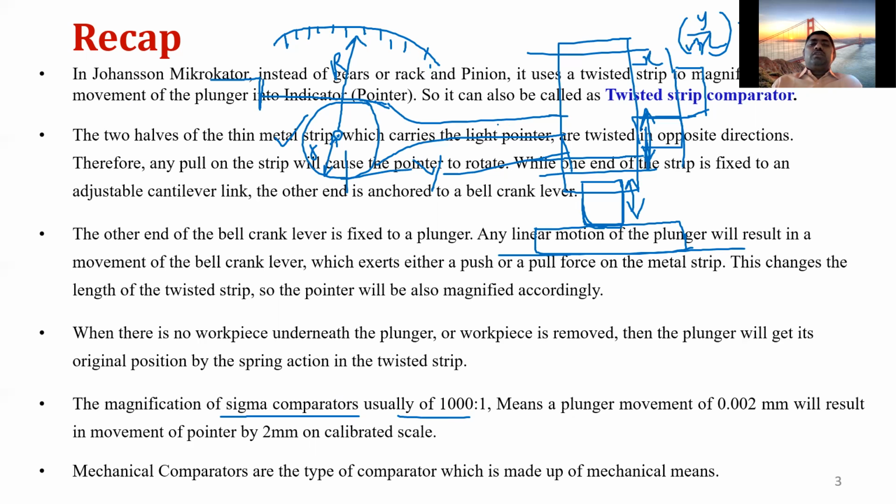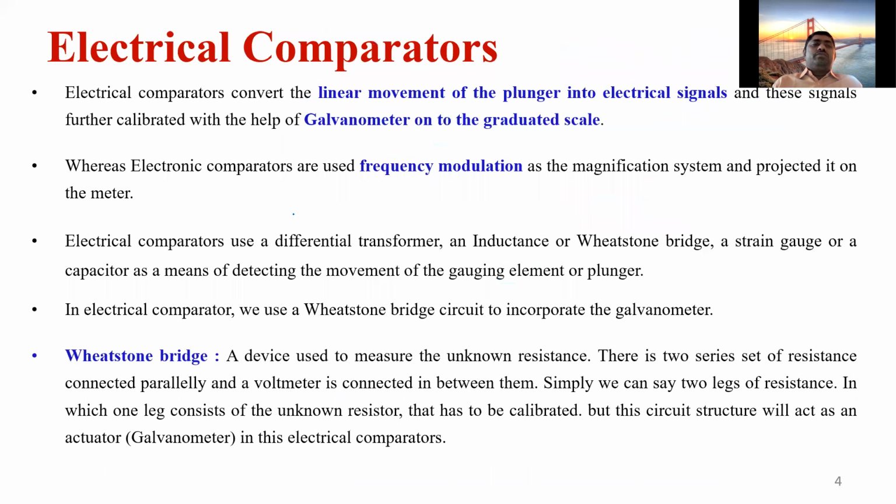So this comparator is designed and developed, or manufactured, by the British. Mechanical comparators are the type of comparator which is made up of mechanical means. Mechanical means it uses gears, levers, rack and pinion, etc. So this we have seen in the last class.